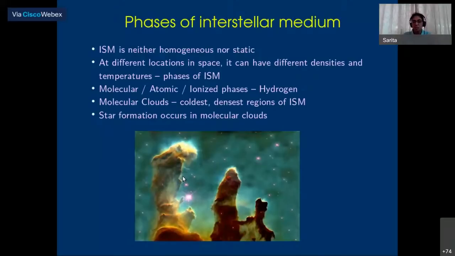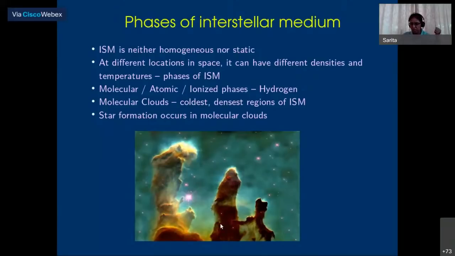So here, for example, you can see this is a picture taken by Hubble Space Telescope. There are a lot of stars. There's a lot of radiation being given by stars, but these pillars which seem to be standing up, this is actually a very dense cloud. So this background radiation, you can see it's coming from the side, but here it is getting blocked because of the dust which is present there. That's absorbing and scattering the light, so you can't see it.